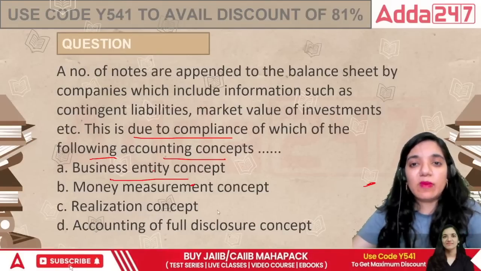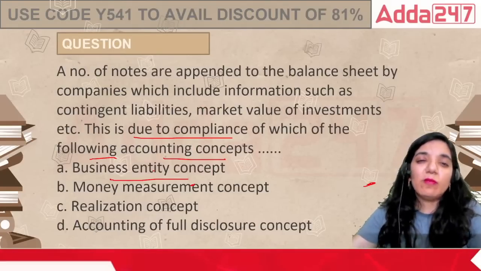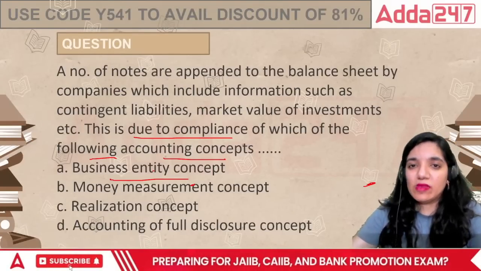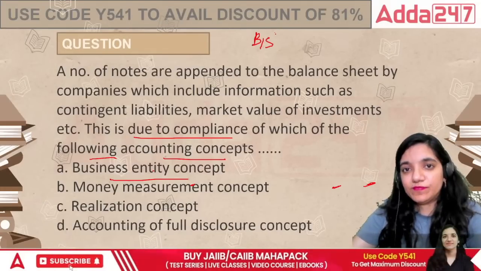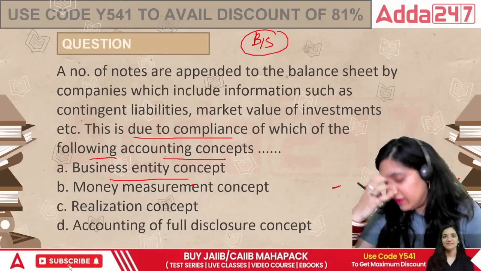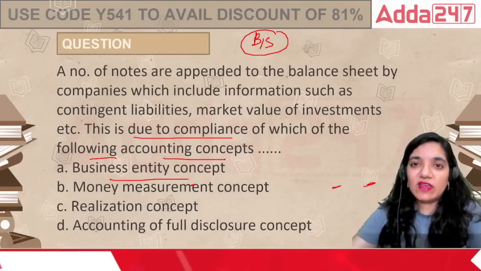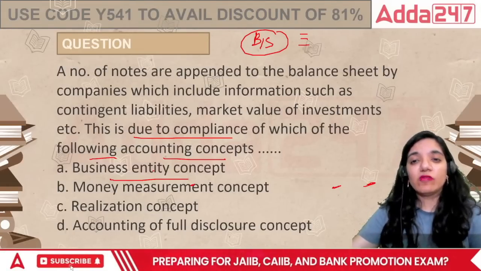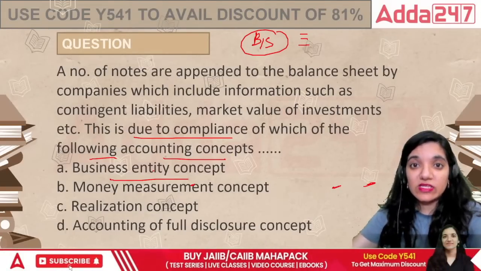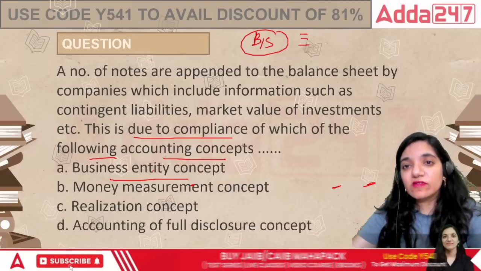When we define this, there are a number of notes that are given. See, what happens is just below the balance sheet, and just below the P&L as well, depending upon the scenario, they give a specific amount of information there. The information contains a lot of theoretical area.